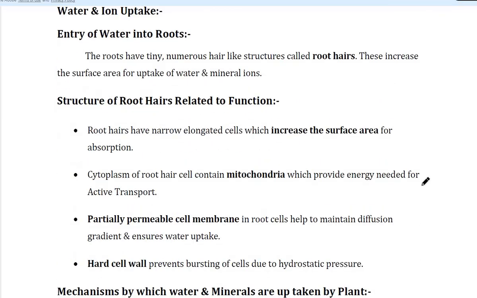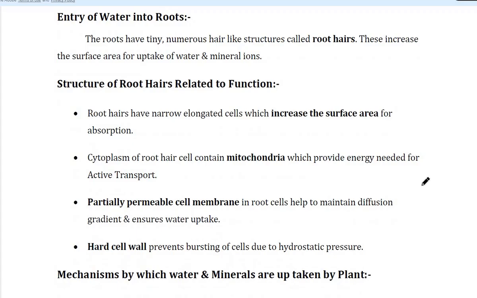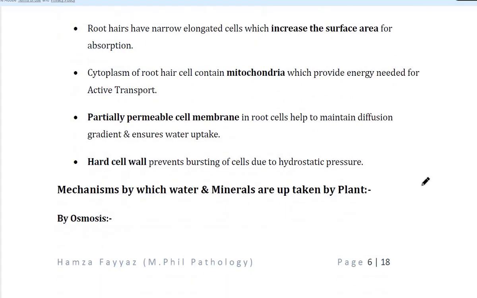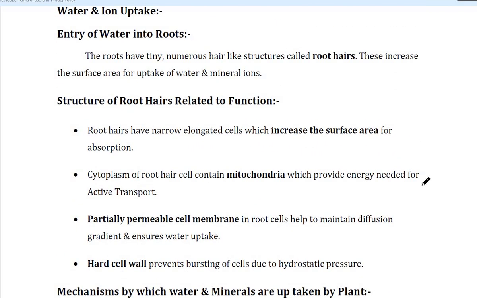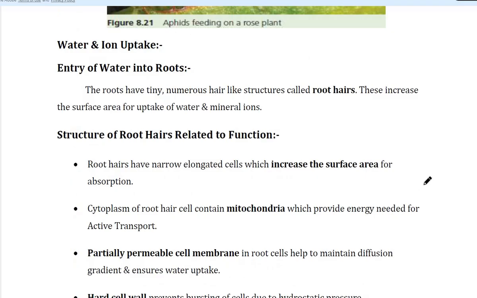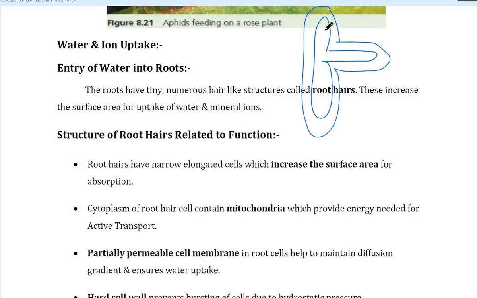Now this part has also come in the past papers, for example how water enters into the root. This is a root. We know that the root has a large number of root hairs. You can see these root hairs. I have drawn one root hair cell.